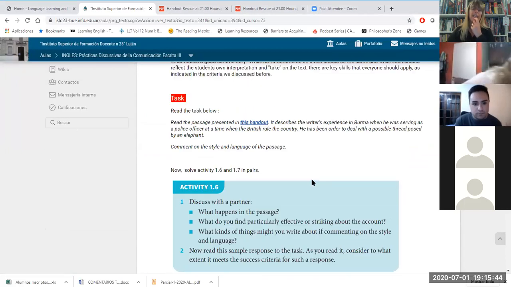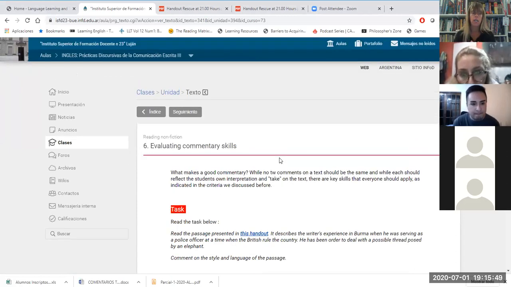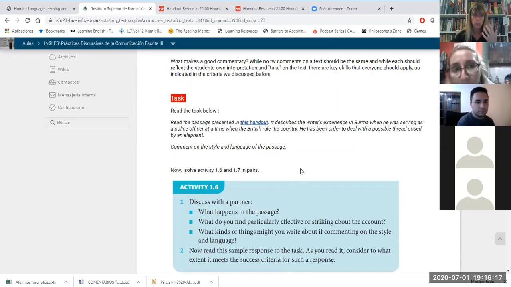So in activity 6, what we are going to see here is how to evaluate commentaries, right? Let's try to get to a good comment. So in order to do that, we need to assess and evaluate if some other people have written good comments, all right?